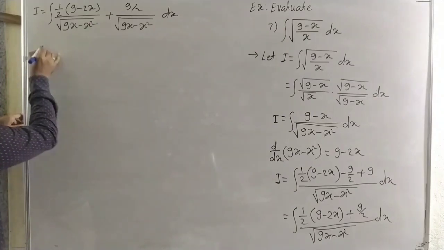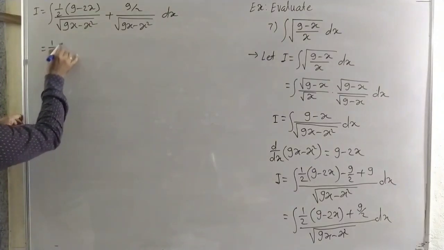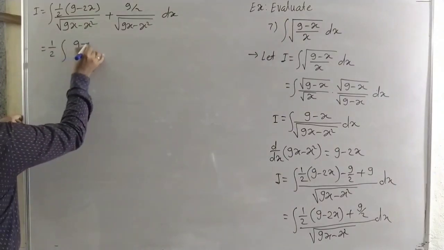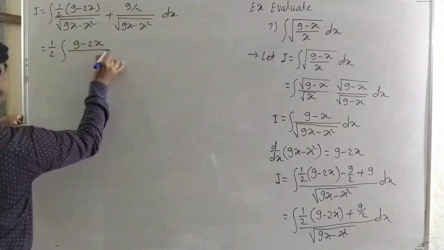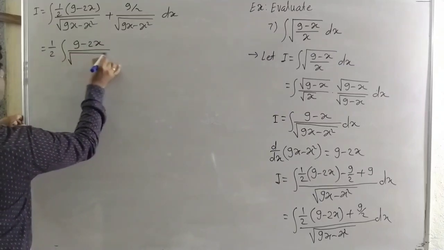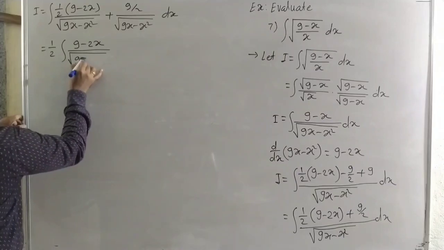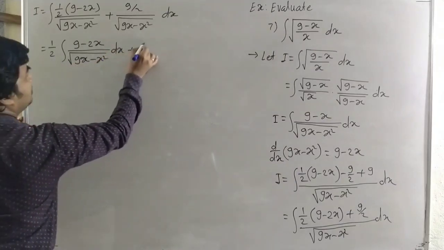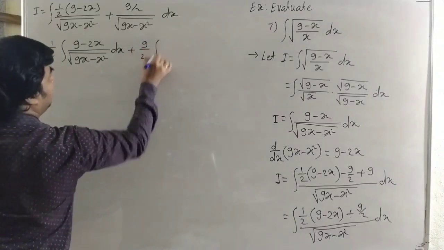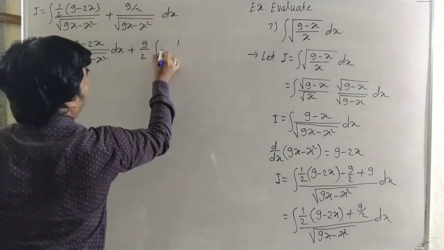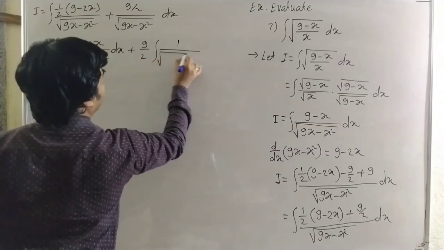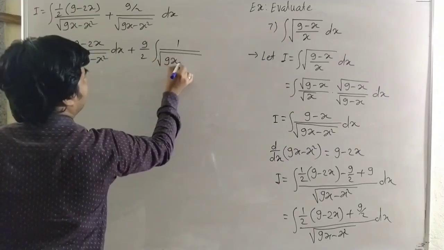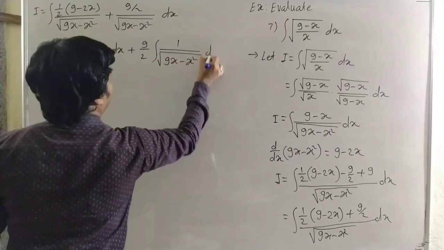Now we can separate the integrals. Here 1 by 2 into the integral of 9 minus 2x upon under root 9x minus x square dx, plus 9 by 2 into the integral of 1 upon under root 9x minus x square dx.